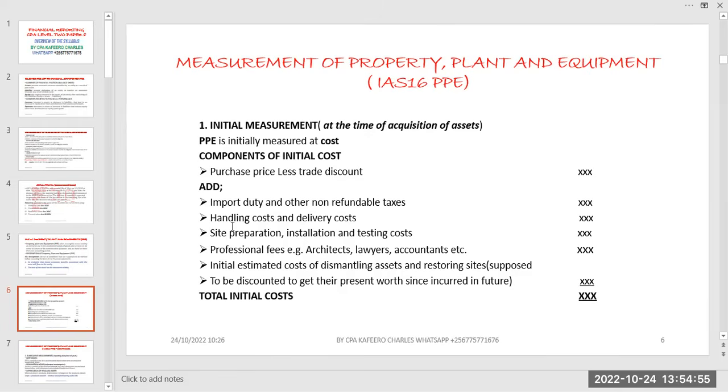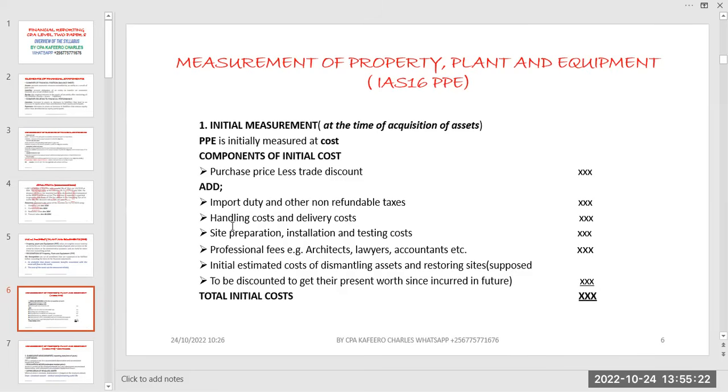Actually, that's what we are supposed to incorporate in the cost. If you are purchasing the item from abroad and you're bringing that item to Uganda, and let's say it's supposed to start operating at any given date, then the cost of purchasing that item is inclusive within the cost.